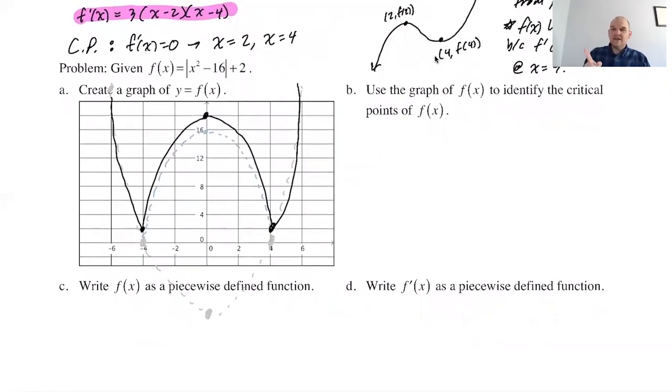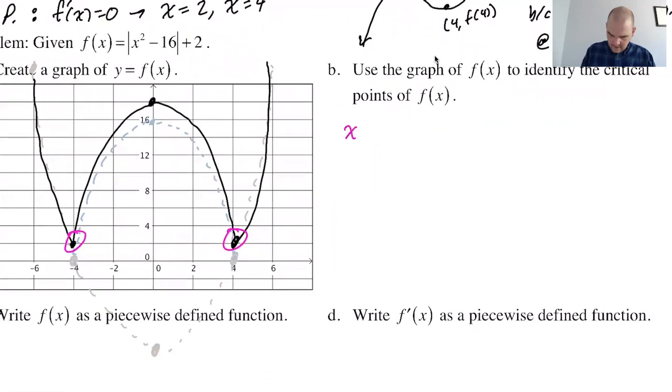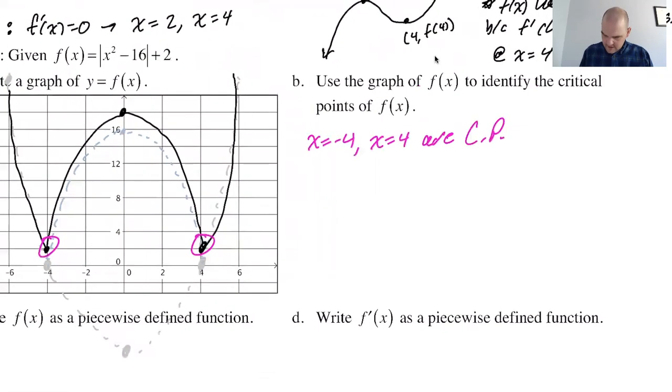So I look at it and I see, for me, the most obvious ones, for whatever reason, are here and here. So I'm going to say that x equals -4 and x equals 4 are critical points because the function is not differentiable at those points.